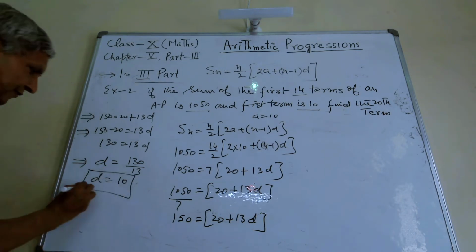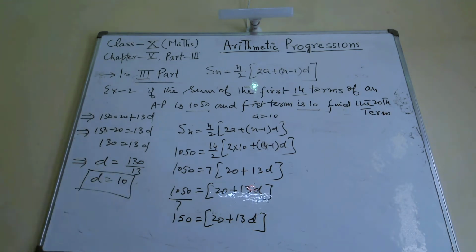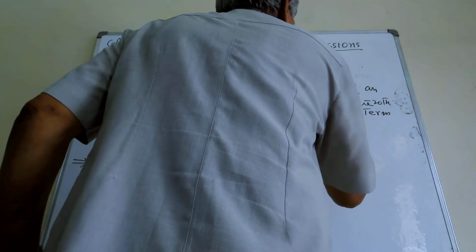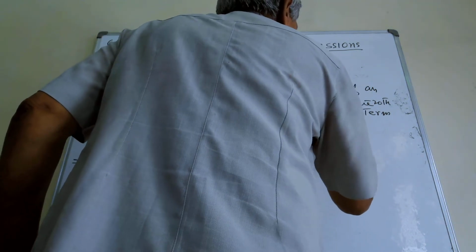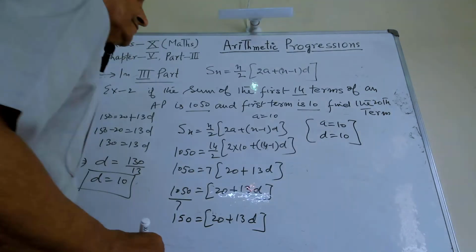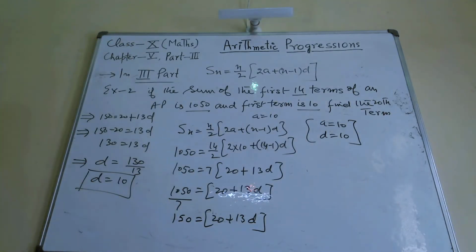This is the value of d. So, my dear students, the value of a is 10 and the value of d is also 10, both are 10, from this first formula. Now we have to find out the 20th term.